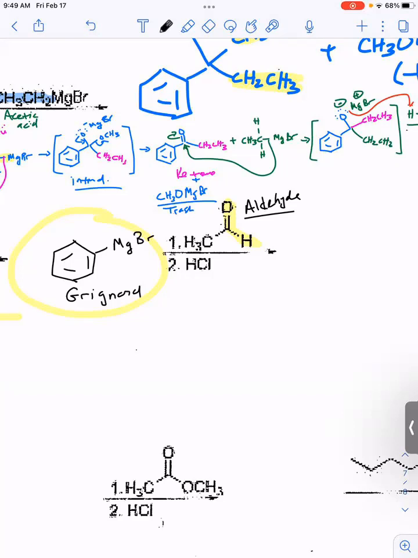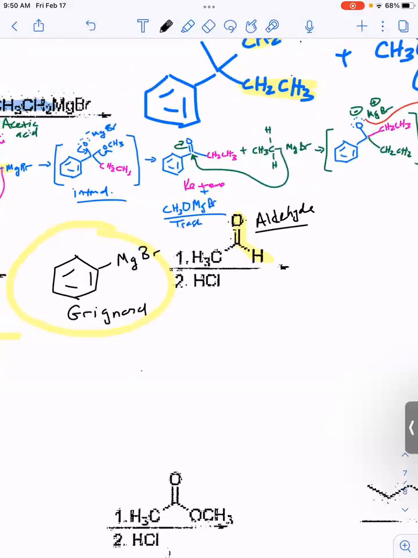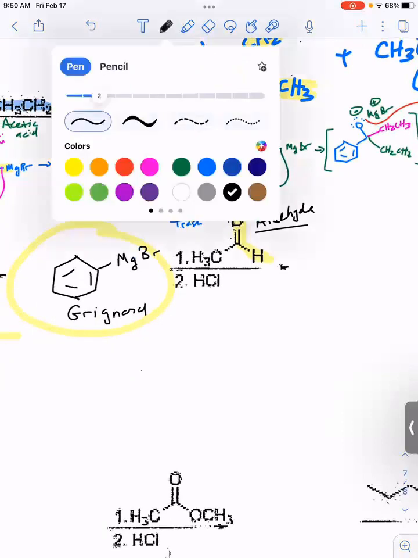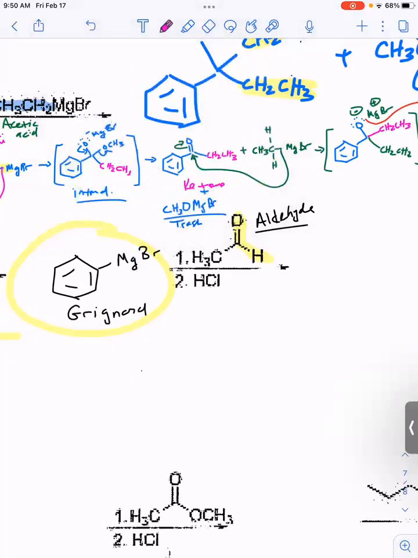You have a Grignard plus an aldehyde or a ketone will give you what? An alcohol. So from this reaction, I should get an alcohol, whereas the aryl magnesium bond is where your electrons are coming from.